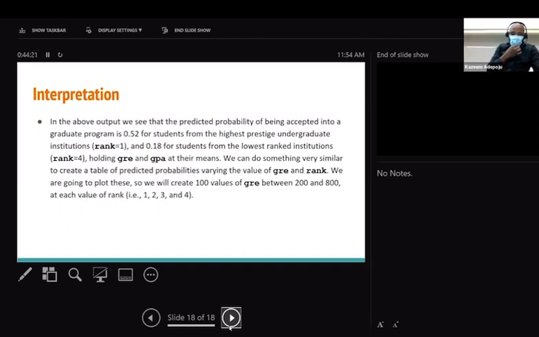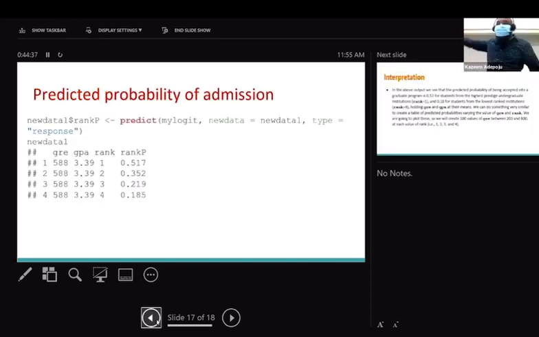Then we can do something very similar to create a table of predicted probabilities, varying the values of GRE and the rank. Right now, we did not vary the values of GRE. The GRE is the same. You can also have different predictions where you have different values for GRE and the rank.